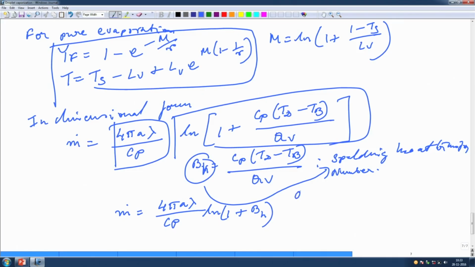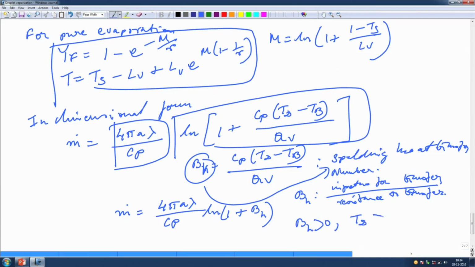The BH basically represents the impetus for heat transfer, in this case divided by the resistance to transfer. So, it is the impetus versus the resistance to transfer. In most of the cases BH will be greater than 0 and T infinity will be greater than Ts, that is the surface temperature, right. That will always be the case because it is an evaporation situation, right.